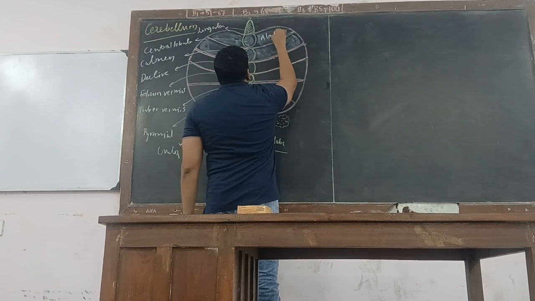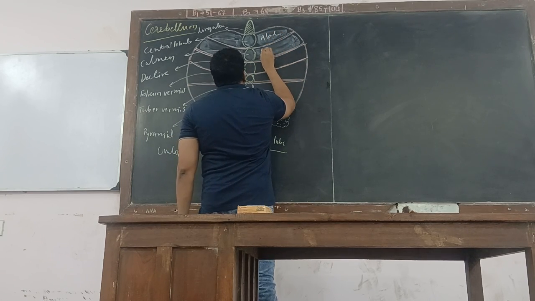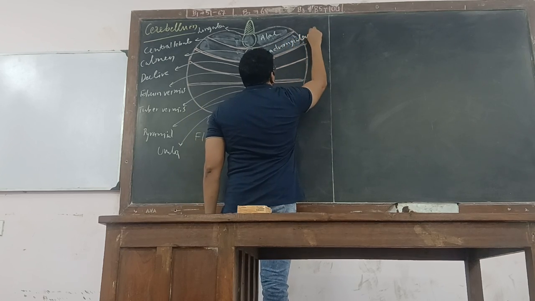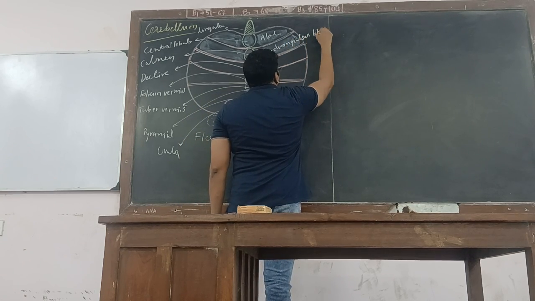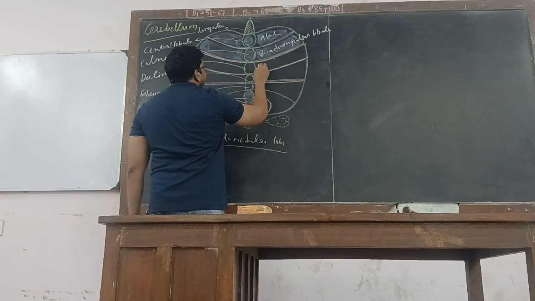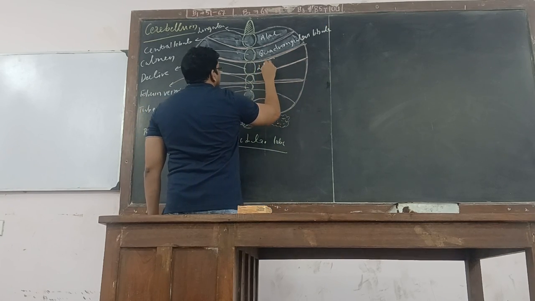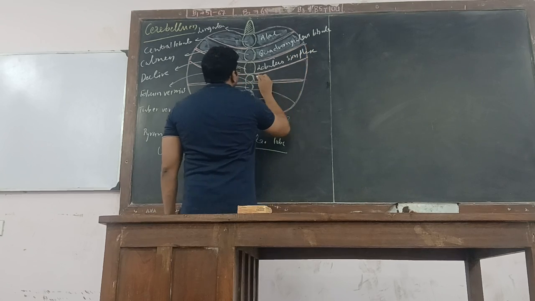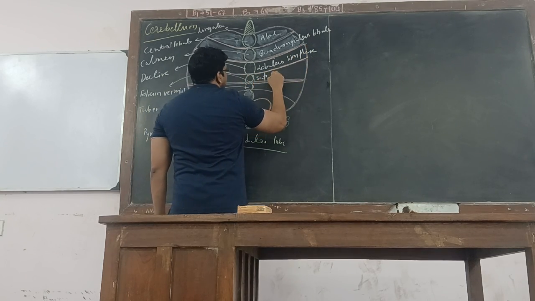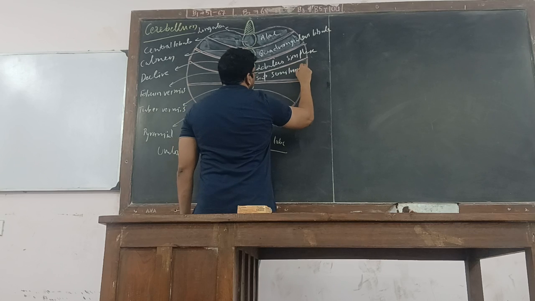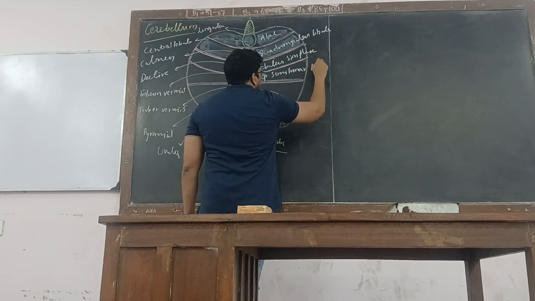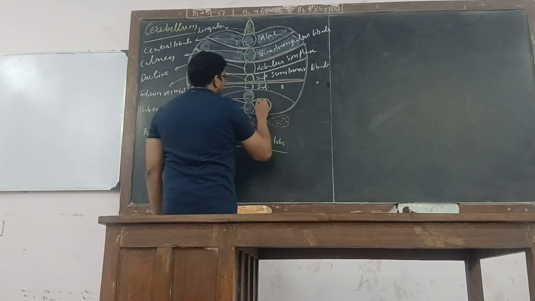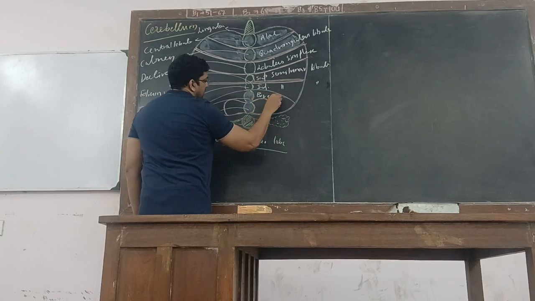Mainly, the quadrangular lobule, and then further lobulus simplex, and then superior semilunar lobule, followed by inferior semilunar lobule.